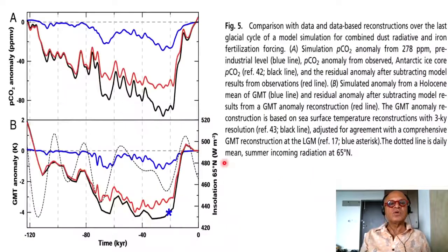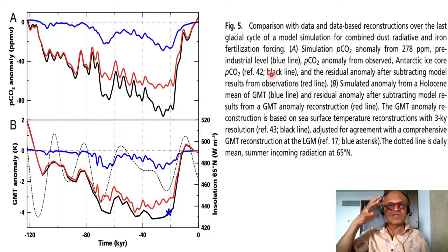Okay, so just remember that. Now, comparing data and data-based reconstructions over the last glacial cycle with a model simulation for combined dust, radiative, and iron fertilization forcing. As we said, dust affects radiation balance, especially at the top.